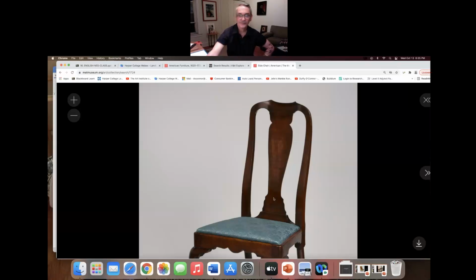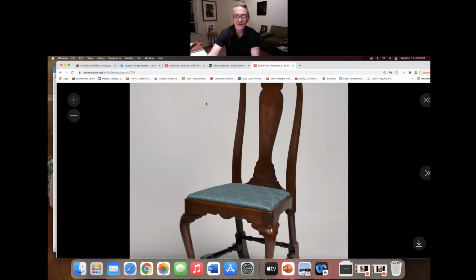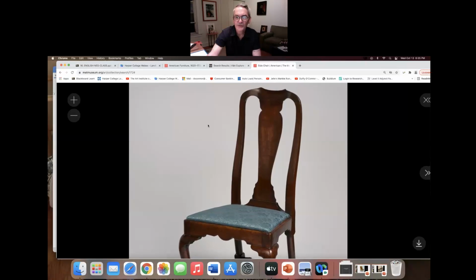S-P-L-A-T, and it was cut in such a way that the negative shape would create this mirror image symmetry. And often they were curved down, it looked kind of like what's called a hawk's beak. But you can see the wood is, I'm not sure what this wood is.